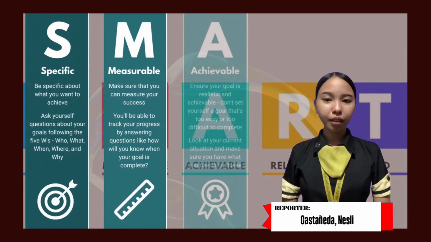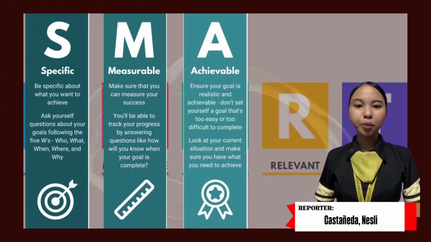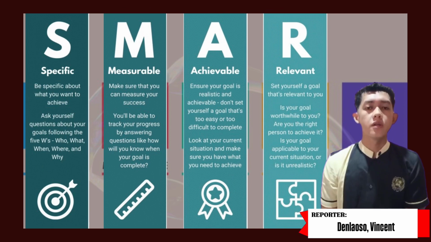Attainable and achievable both refer to something that can be reached, obtained, or accomplished. Relevant event goals and objectives are those that align closely with the main purpose of the event. This means that every goal or objective should contribute directly to what the event is trying to achieve, whether it's raising awareness, educating attendees, celebrating a milestone, or generating profit.